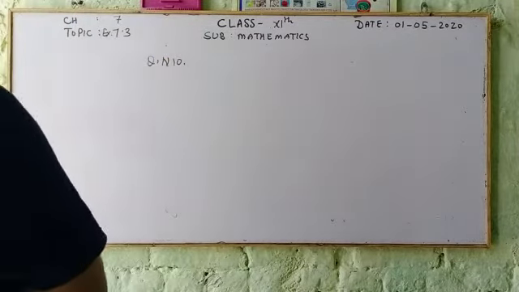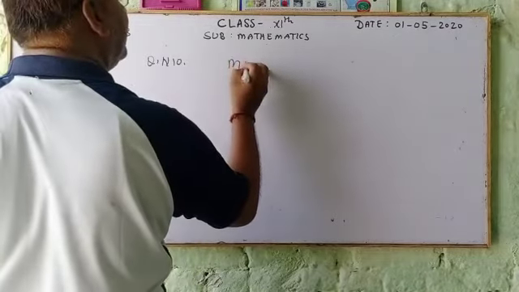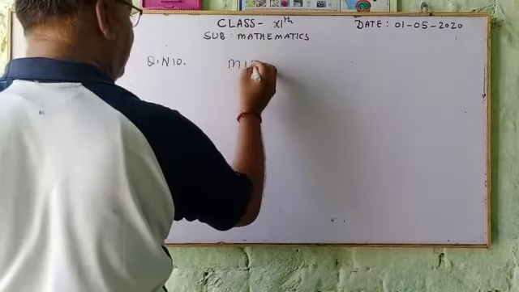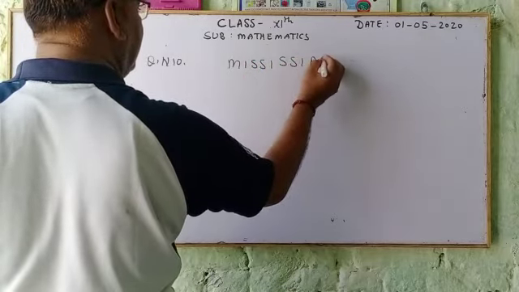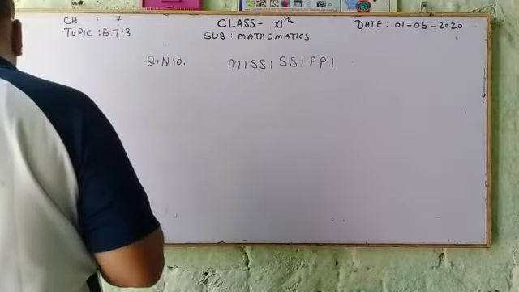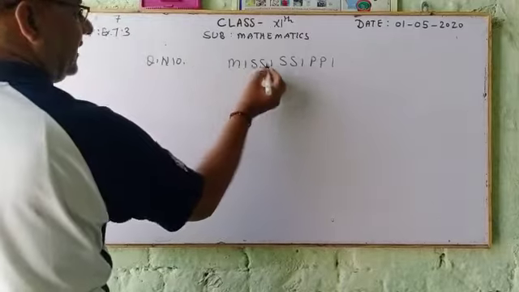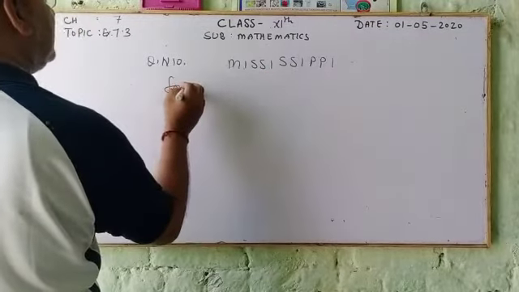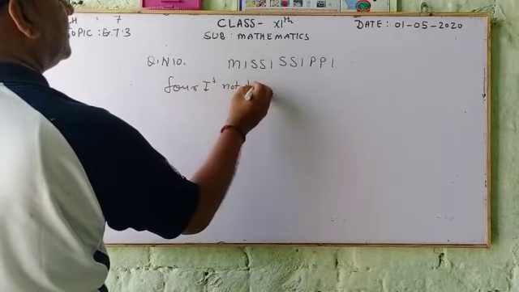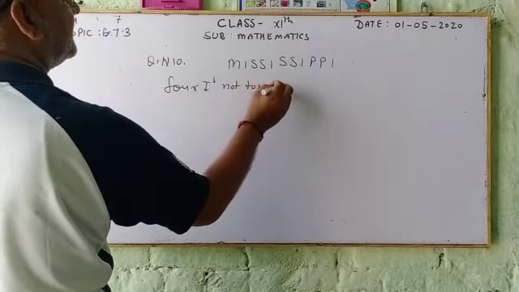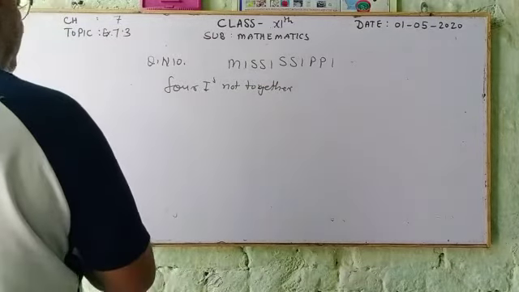In how many ways can the distinct permutations of the letters of MISSISSIPPI be made such that the 4 I's are not together? Here we get the word MISSISSIPPI: M-I-S-S-I-S-S-I-P-P-I. The 4 I's: 1, 2, 3, 4. The 4 I's not together. This is the given condition. Not together.